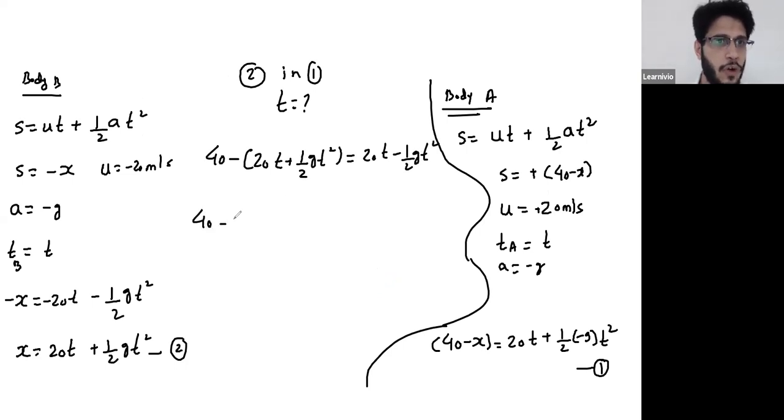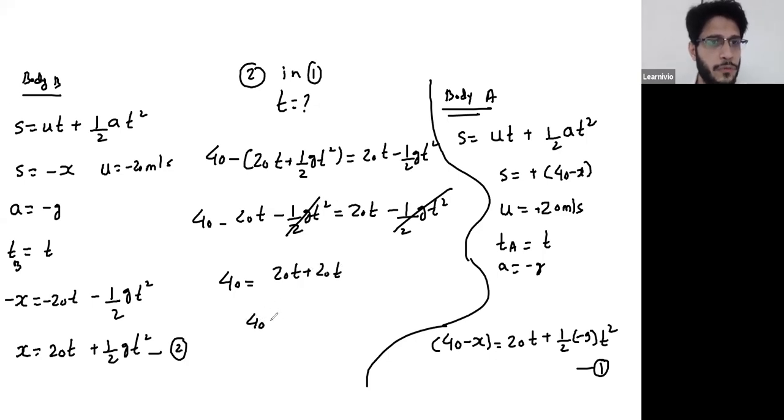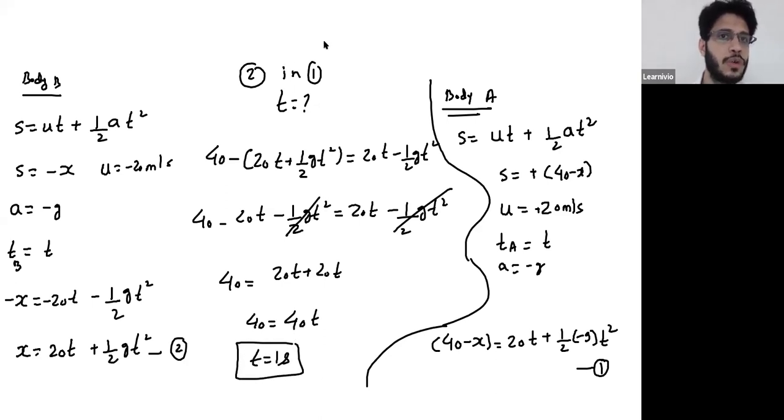So 40 minus 20t minus half gt square is 20t minus half gt square. Minus half gt square will cancel this minus half gt square. You will get 40 is 20t plus 20t. So we'll get 40 is 40t. So we'll get t equal to 1 second.